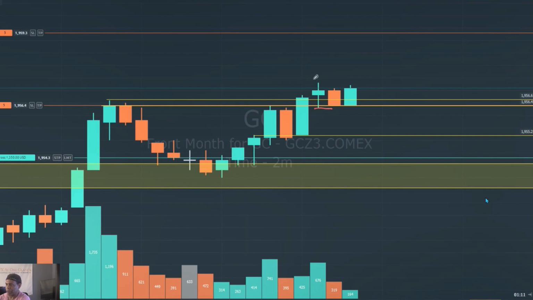So we're this low and this high. Want to see the market close above or below to know where we're going next. So if we close above, we probably see the market continue this trend to the upside. We close below, we're probably correcting, may see it come back into this zone.